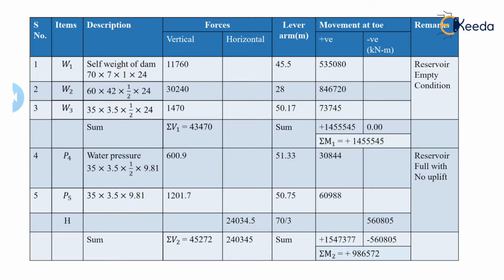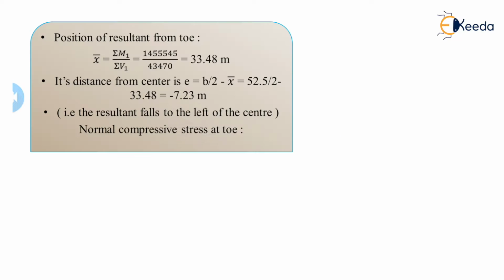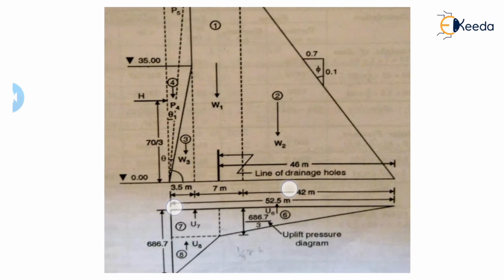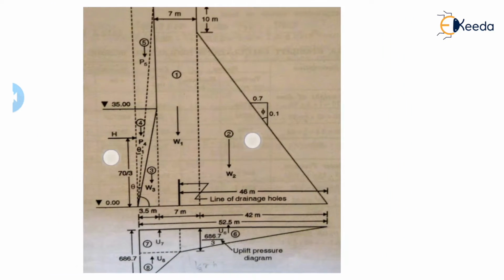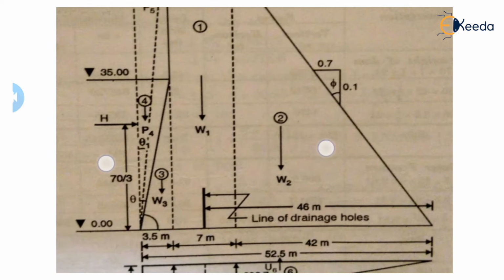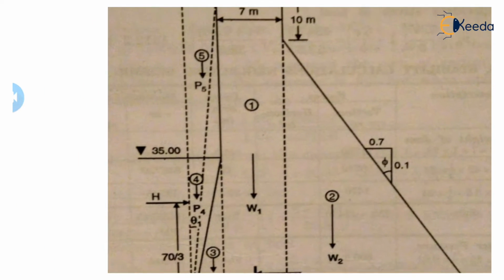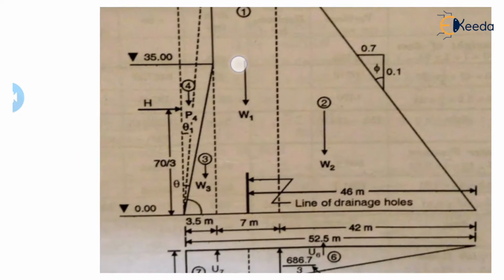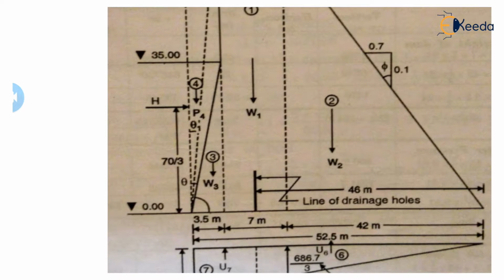See again how this 45.5 meter will be found out. See, section 1. Section 1 is the rectangular one. So for this section, the center of gravity, always the base divided by 2 will be the lever arm.